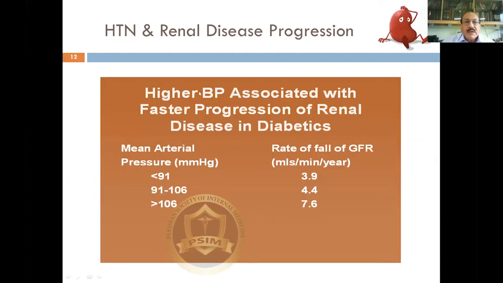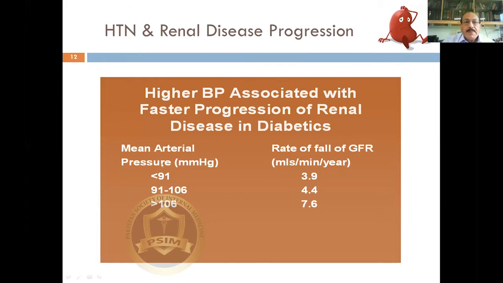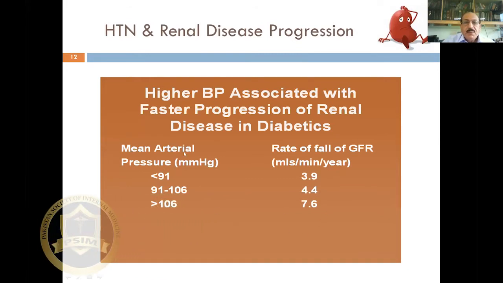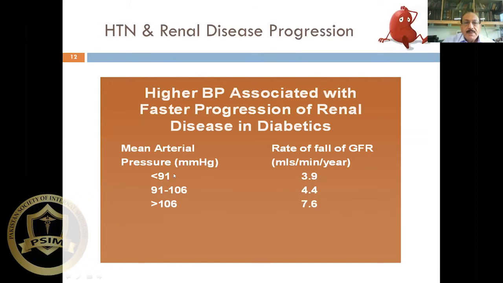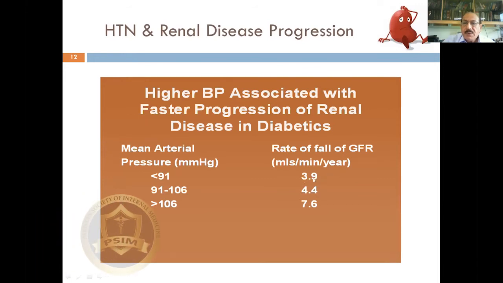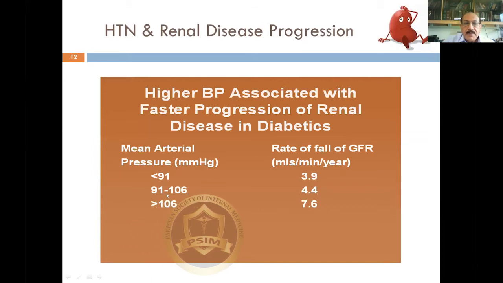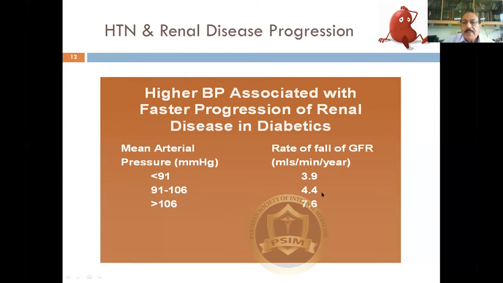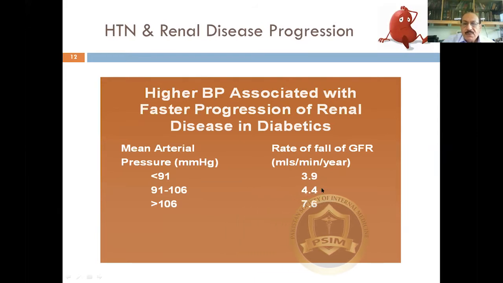And what is the link of blood pressure with the fall in the GFR? If you have a mean arterial pressure of less than 91, then the rate of fall of GFR per year is about 3.9 ml per minute. But if the mean arterial pressure is between 91 and 106, the rate is higher, 4.4.